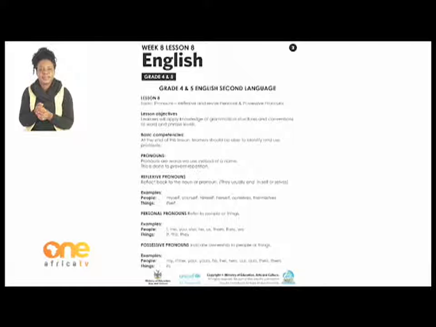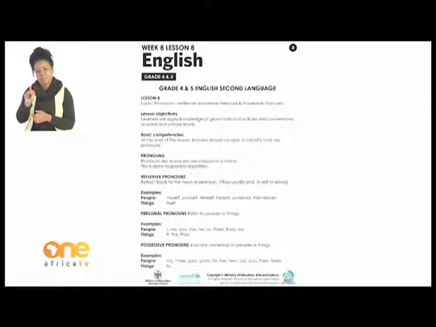before we start with today's lesson, we are quickly going to do a quick recap on the lesson that we did previously. So we are going to look at personal pronouns. Chanel, can you still remember what a personal pronoun is? A personal pronoun refers to people or things.